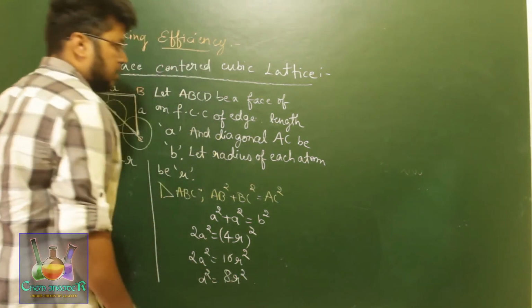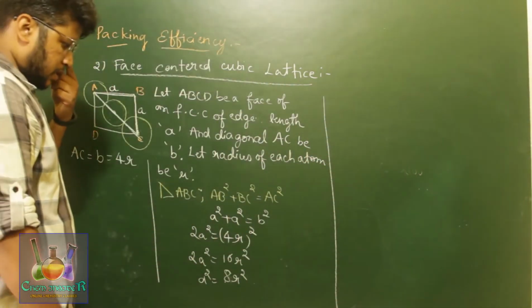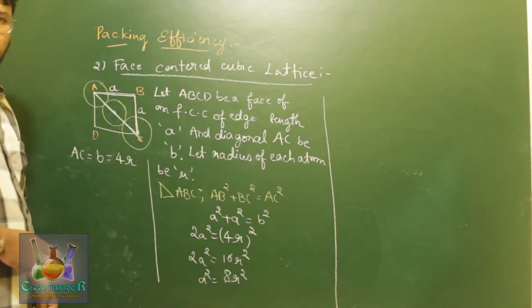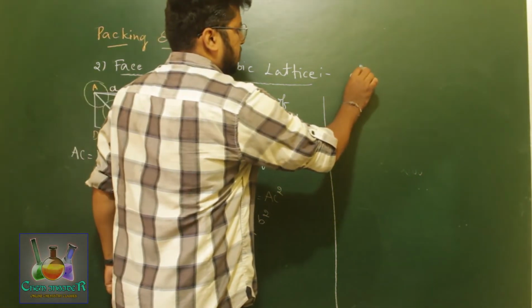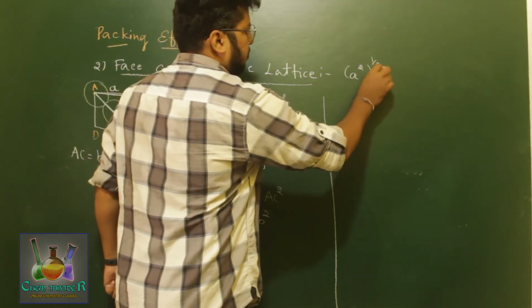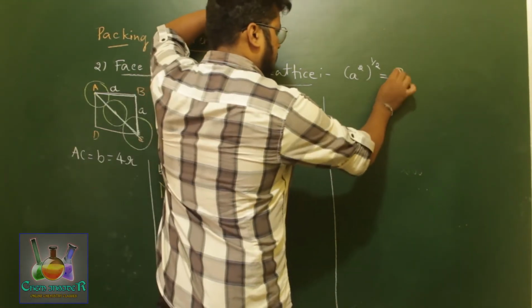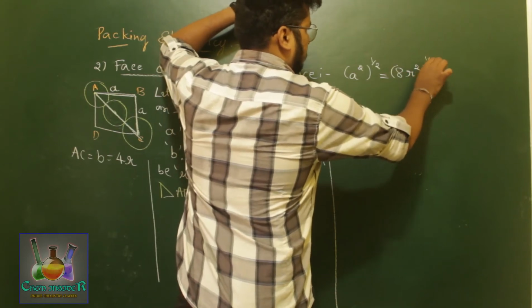Let us further calculate this equation. a square is equal to 8r square. Taking the power 1 by 2 on both sides, that gives us a square to the power 1 by 2, which is equal to 8r square to the power 1 by 2.